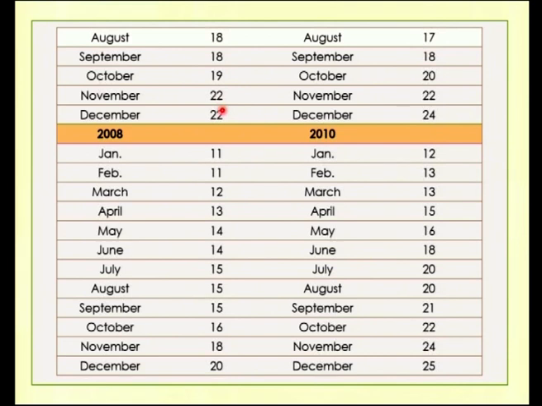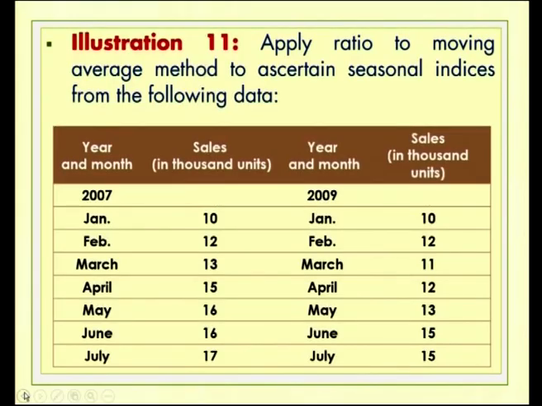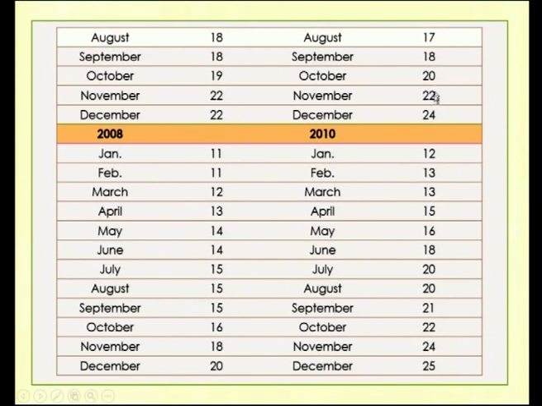Similarly, for the year 2008, the values from January to December start with 11, 11, 12 and so on up to 20. For 2009, the January value is 10, then 12, 11, 12, 13, 15, 15, 17, 18, 20, 22, 24. Similarly, the values for 2010 from January to December run from 12 to 25.